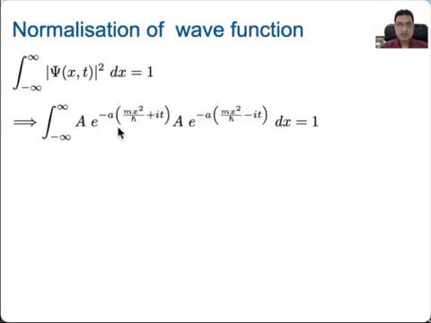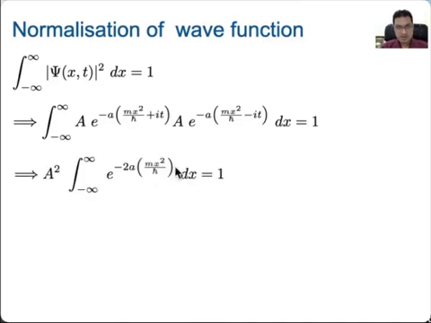So I can substitute this form, and you know that the modulus square means psi times psi star, the complex conjugate, so I will replace i by minus i. So this plus i and minus i will cancel out. A will be A squared, and here you have e to the power minus a m x squared over h cross, and here you have the same, so you will have 2a times m x squared over h cross.